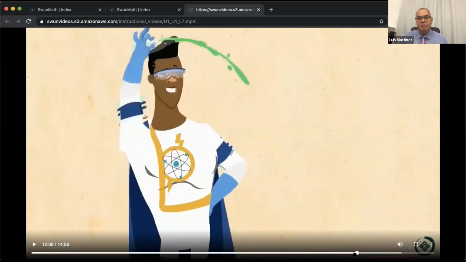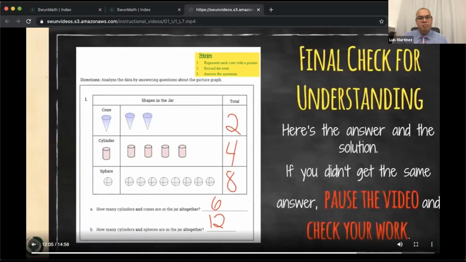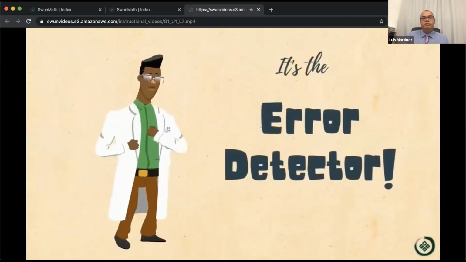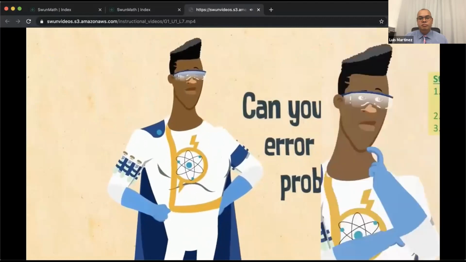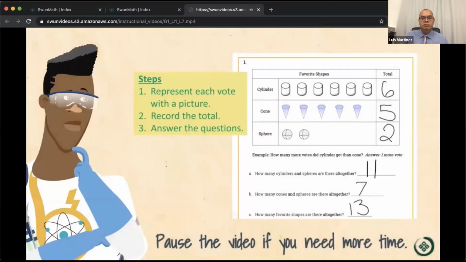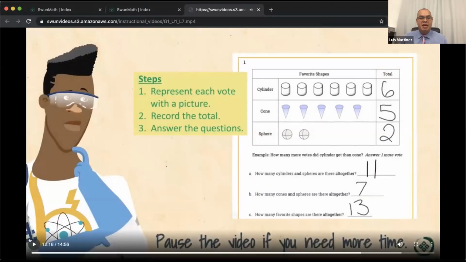Let me rewind a little bit. So I'm giving the option of pausing the video, but they're supposed to analyze what they see here, and they've got to look for the error. What is the error that they see? Do they see an error? Do they notice an error? If not, then they continue watching the video.